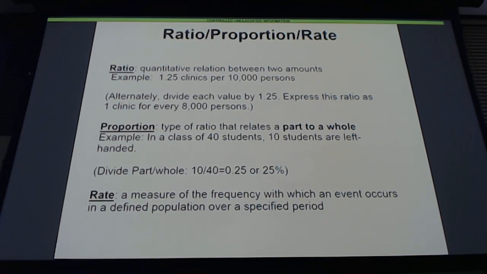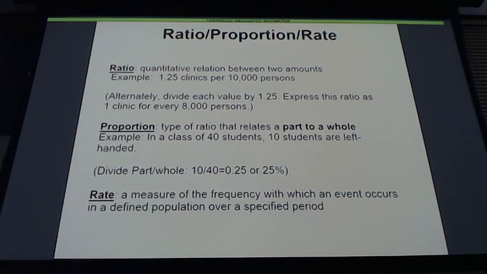What does get a little bit more tenuous will be your rate, which is a measure of frequency with which an event occurs in a defined population over a specific time period. And it gets a little dicey when we talk about a specific time period.